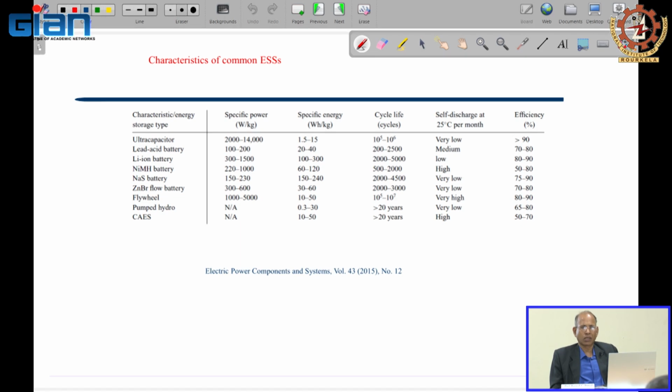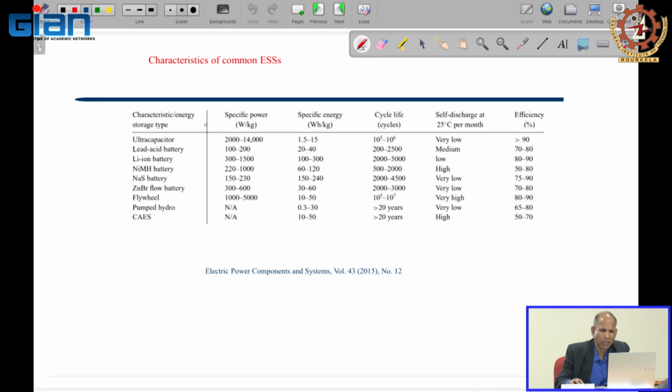So I think this was some special paper on the storage system. It talks about some of the common characteristics for the different types of storage systems. You have, for example, ultracapacitors, lead acid batteries, and several other types of batteries. I am not reading all these things in detail, but this is self-explanatory.